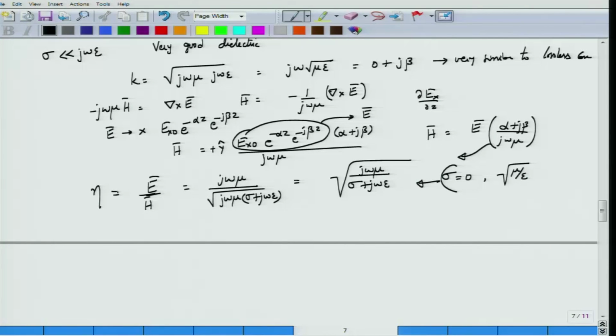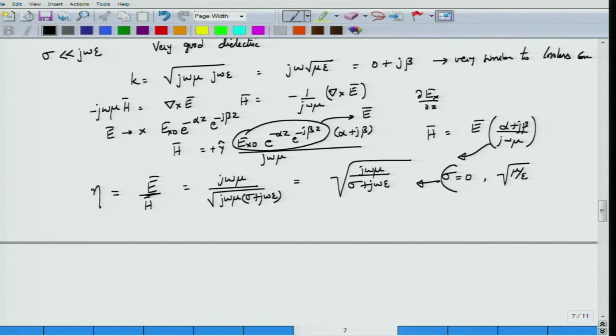For the lossless case, eta will always be real, indicating that electric field and magnetic field are in phase with each other. They actually carry some amount of energy. Whereas in this case, eta is complex, indicating that E and H are not always in phase with each other. In fact, the phase between the two is not 0, indicating that there is some loss in the power.